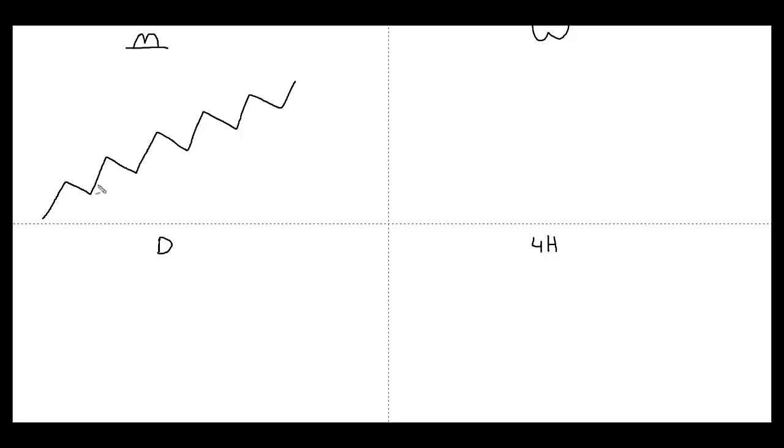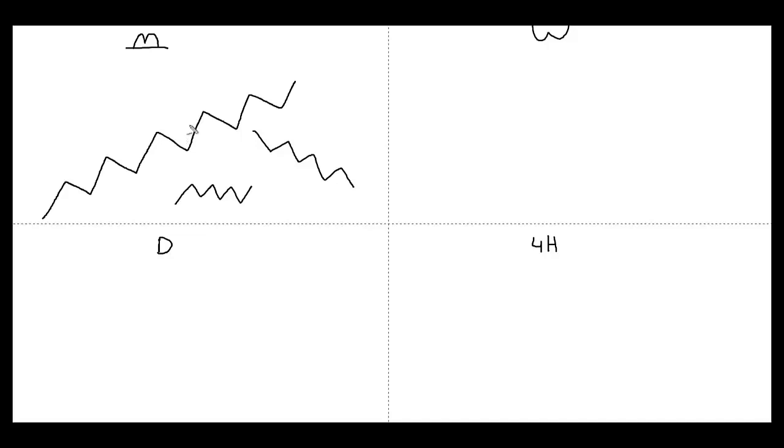It doesn't matter if we are doing this, or we are going sideways. First and foremost, you need to understand on which time frame we are waving. Like where are we in the bigger picture?